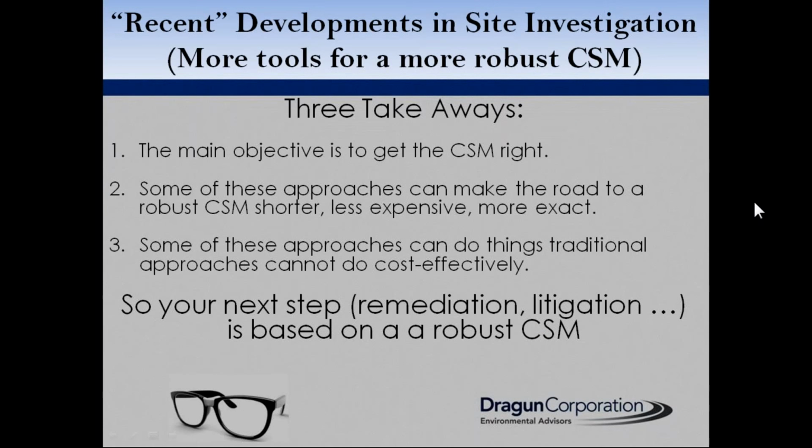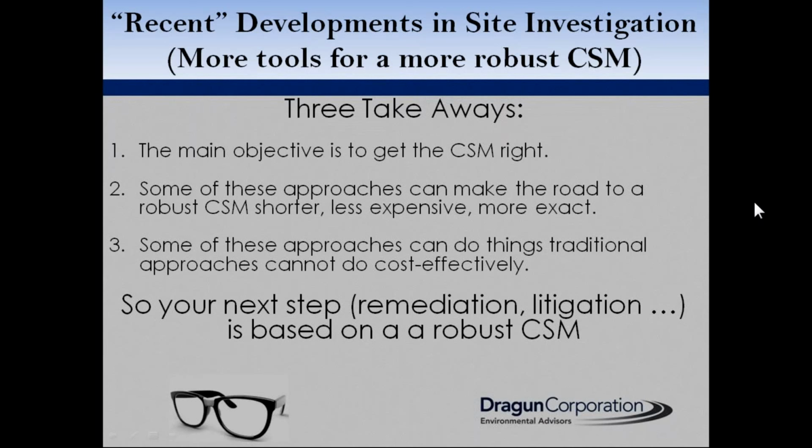So we covered a lot of material. We talked about some new techniques and some recent techniques and non-traditional techniques, but the important thing is we want to get the conceptual site model right. And some of the approaches we've talked about can make the road to a robust conceptual site model shorter, less expensive, more exact, and more easily defended.